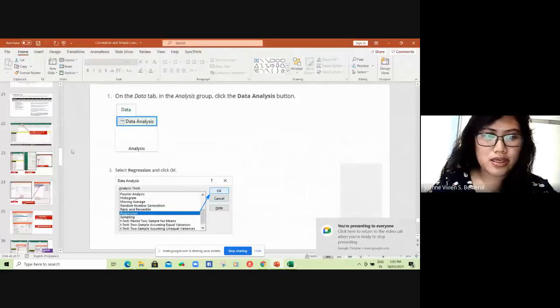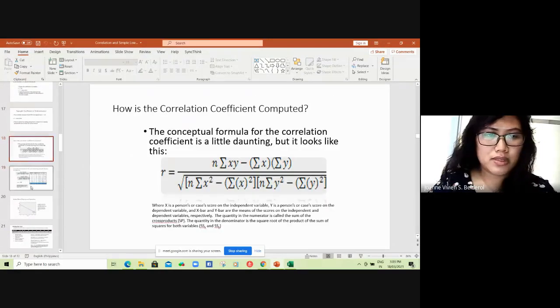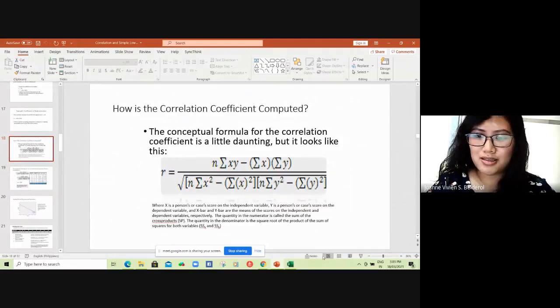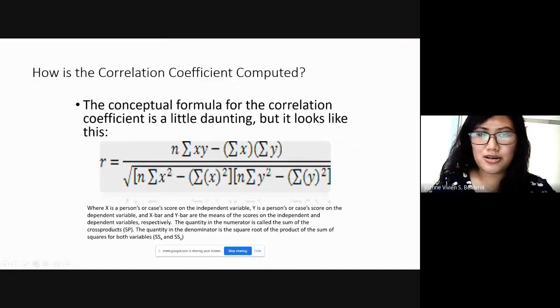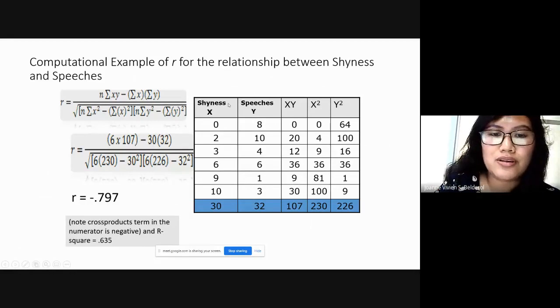Let's copy the formula. Can you see it? So this is your formula. The first thing you do: this is your variable x, and this is variable y.